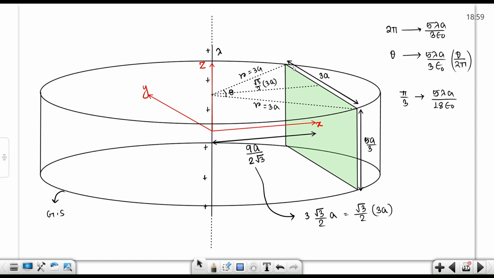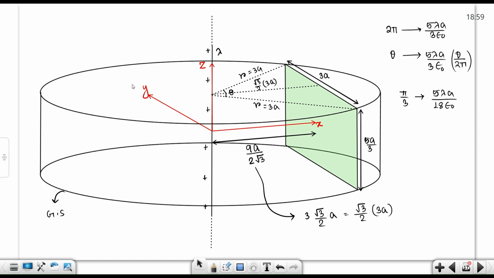So the flux through this curved area of the cylinder will be 5 lambda a upon 18 epsilon naught. So this is a very simple calculation. This is a unitary method.